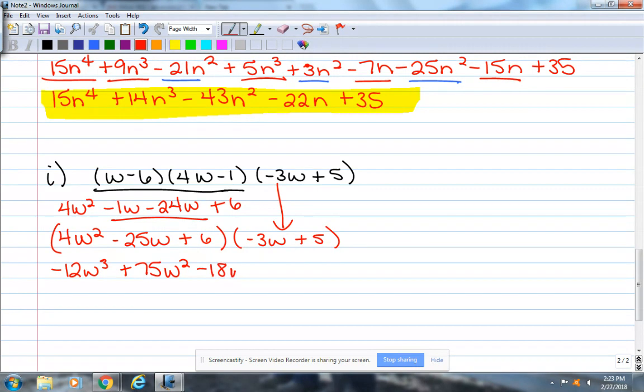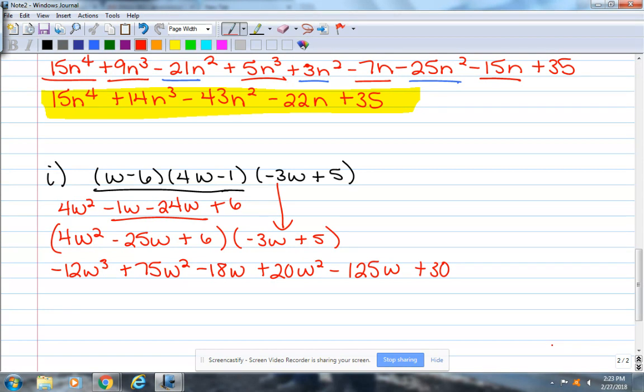And then you go back and do the same thing with 5. So 5 times 4W squared is? 20W squared. 5 times -25W, -125W. And 5 times 6 is? 30. And what's the last thing you have to do?